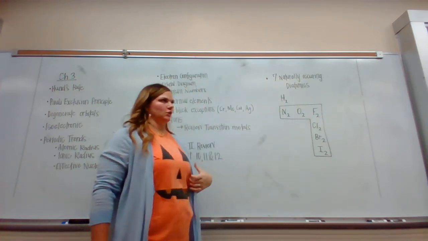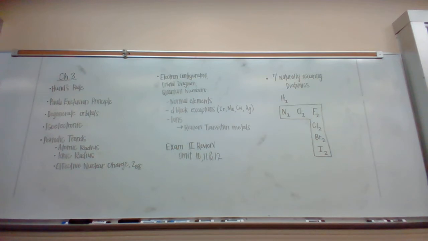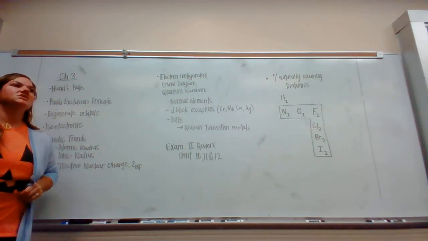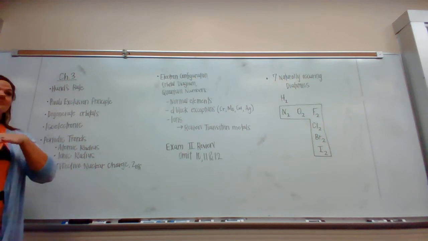That's your 7th one. So all 7 of these elements, anytime we're talking about nitrogen, we're talking about N2, not just nitrogen, because nitrogen isn't going to exist in a stable form as just N. It's N2.